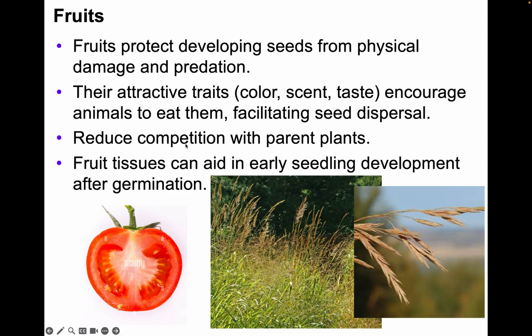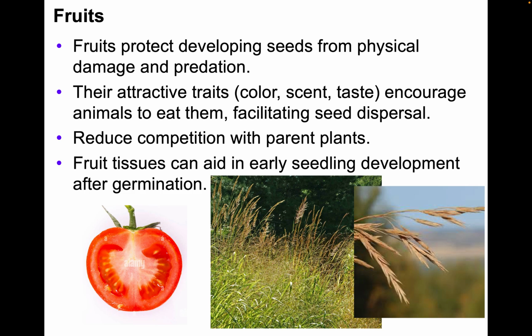And the animal will have it in their gut and carry it away from the parent plant, pooping it somewhere different. So it's not just sitting at the base of the parent plant. The parent plant does not want to compete with its offspring, so that would be beneficial to get an animal to carry it away.